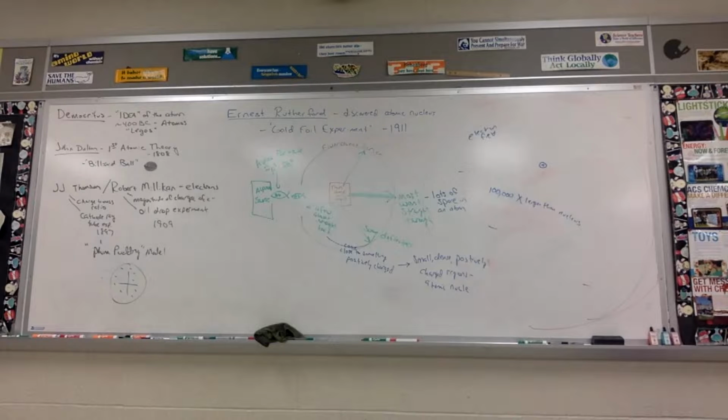imagine going out to the football field and I put a dime on the 50-yard line. That represents the nucleus, that dime. Then I give you guys BBs. You have to throw the BBs at the nucleus from the bleachers or outside on the track around the football field. How many times do you think your BBs are going to hit that dime?